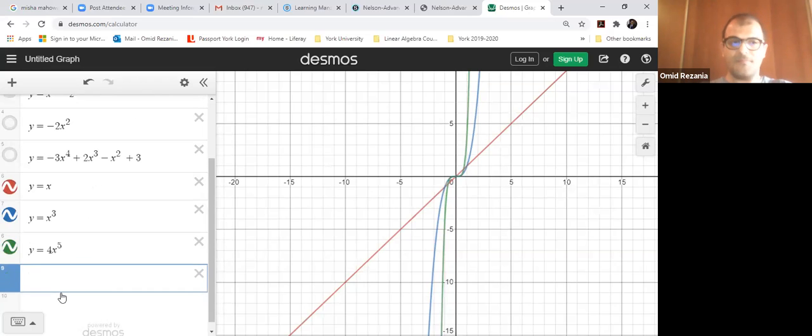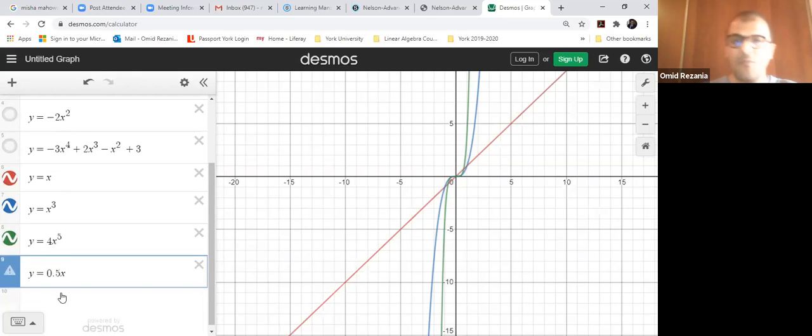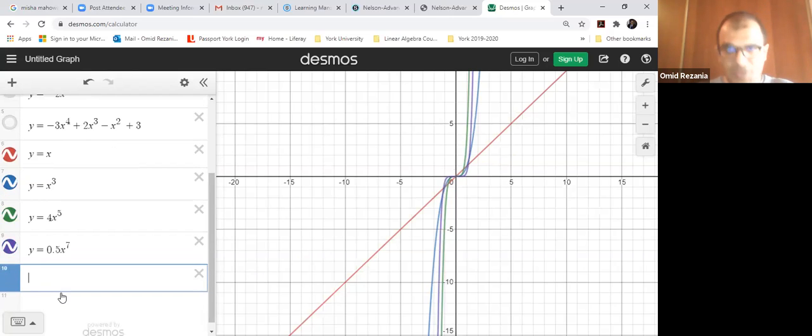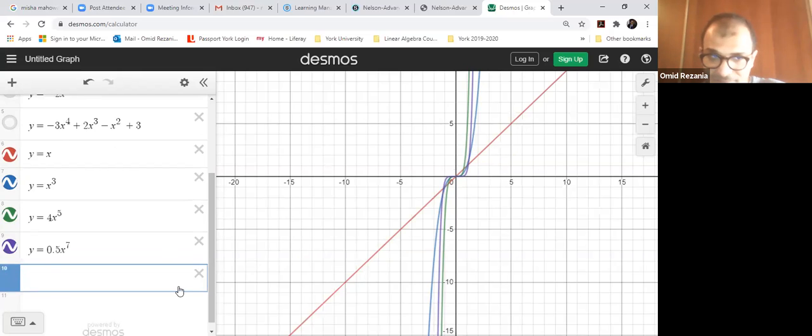Another one, y equals, let's say, 0.5 times x to the power, let's say, 7. You see that? All of them share the same characteristics, and all of them occupy the third and the first quadrant.